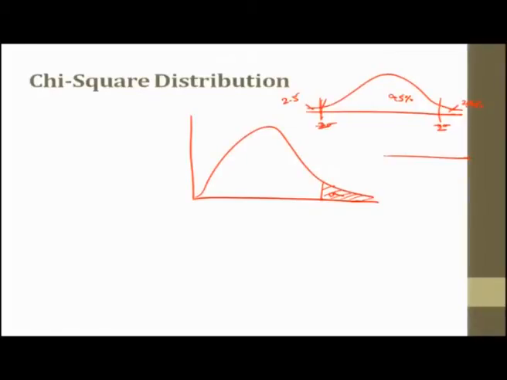If I am 95% confident within 2 sigma limits, that means my significance level in the case of a two-tailed test is 2.5%. In the case of a one-tailed test, we need not go into the depth of these things; it is somewhat like this. If this is 95%, this 5% is the significance level.